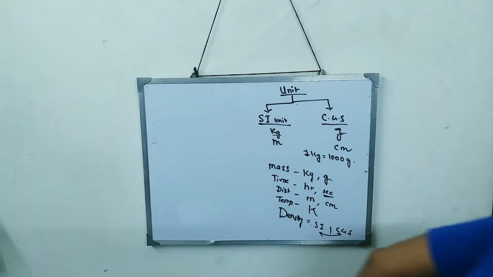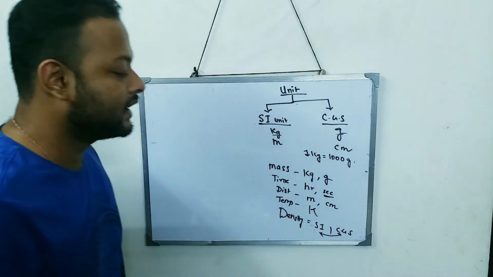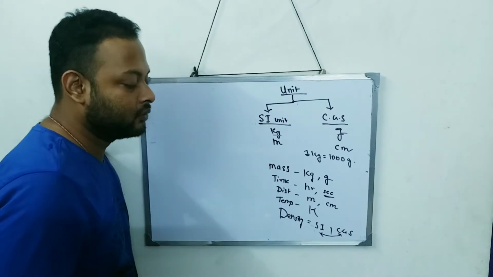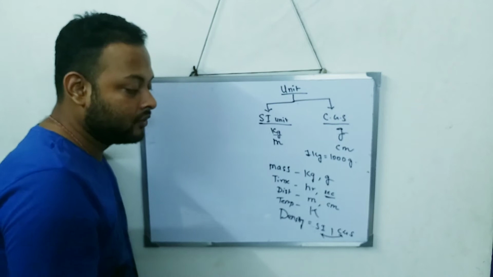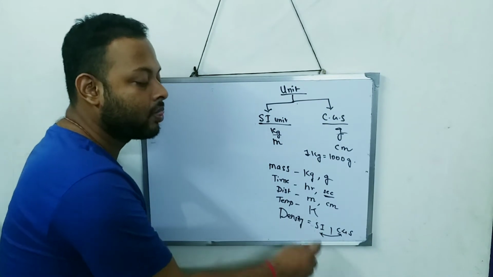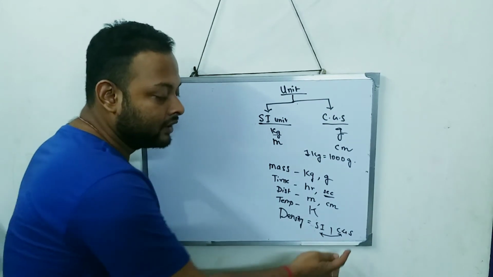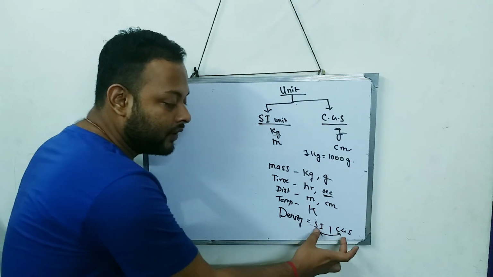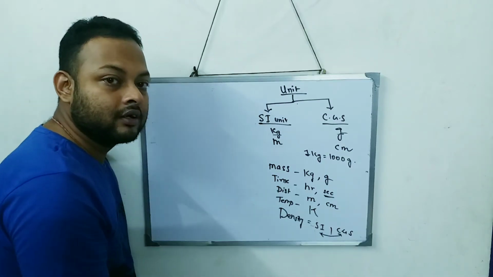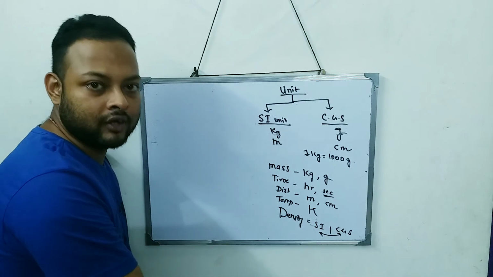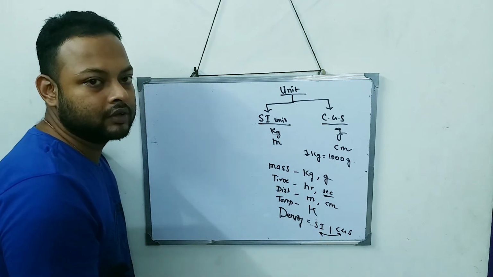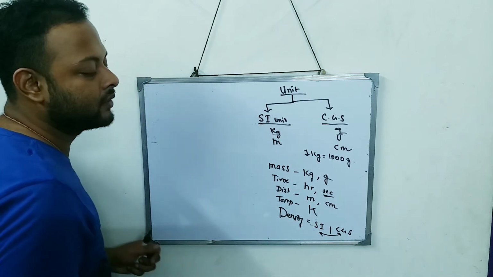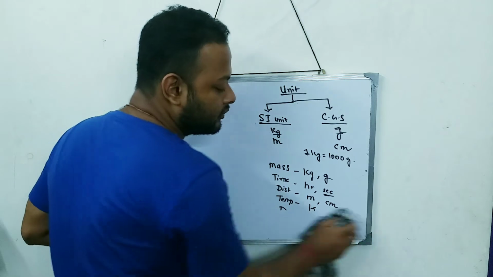So let's find the SI and CGS unit of density. First we find the SI unit, then we'll find the CGS unit. After we find both the units, then we will develop a relationship between them.